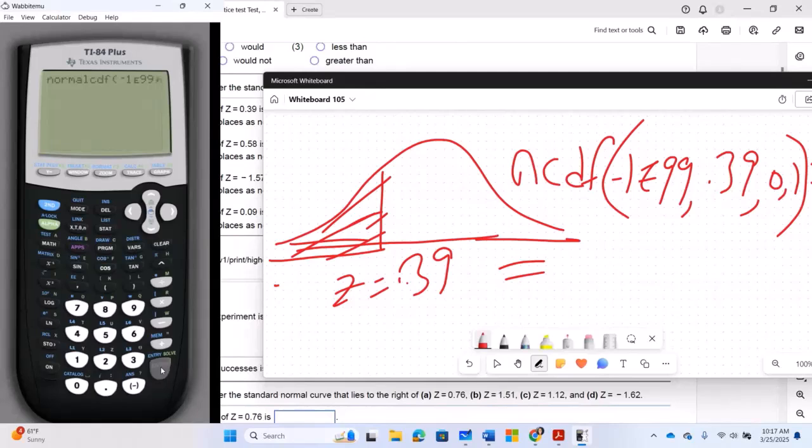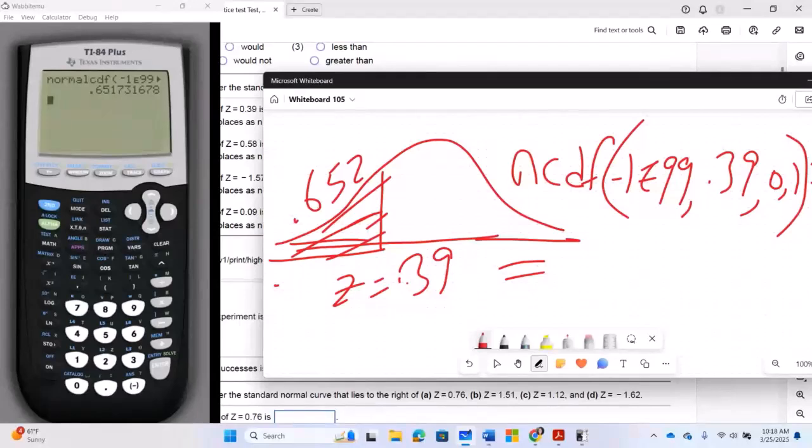Whatever I have now is the area inside that normal curve. Therefore, the area inside the normal curve between negative infinity and z equal to 0.39 is 0.6517, approximately 0.652. So this area is 0.652. Of course, you know that area cannot be negative.